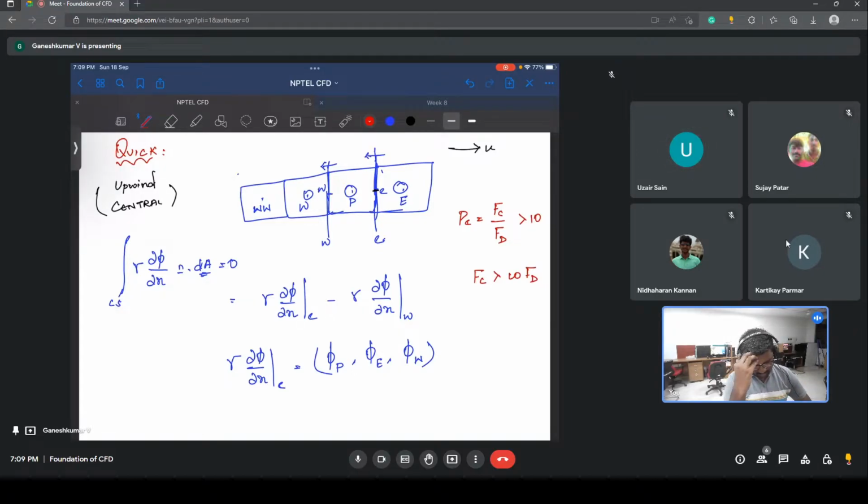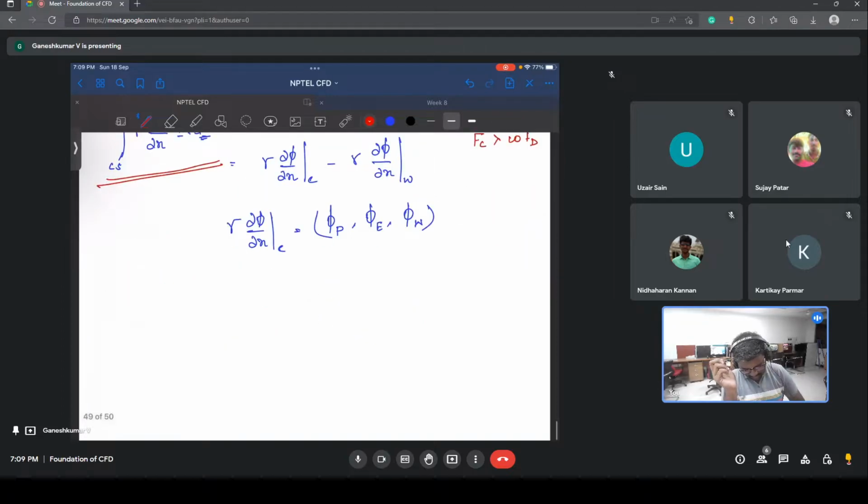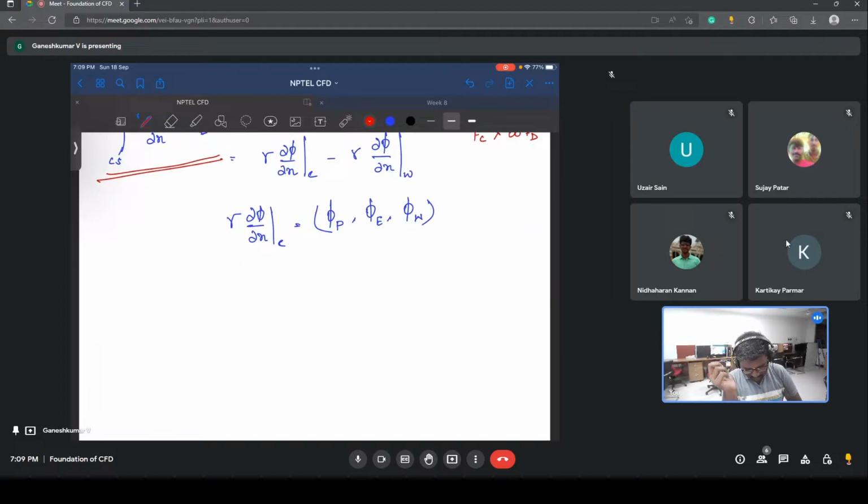Here, if you consider the diffusion flux to be zero, this whole thing goes to zero. You will just remove it. It won't be in your Ax equal to b system; the coefficients won't be there. Let's say you have a convection diffusion equation: d by dx of rho u phi is equal to d square by dx square of gamma phi. So this is convection and there is a diffusion.